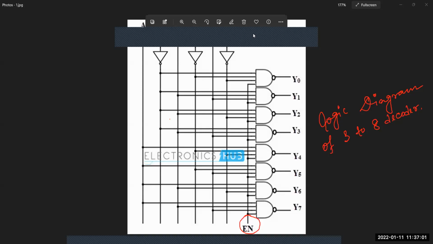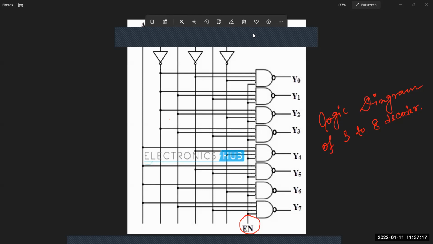It is similar to the 3 to 8 decoder, but the difference is that for the 4 to 16 decoder, the input is 4 and the output is 16.